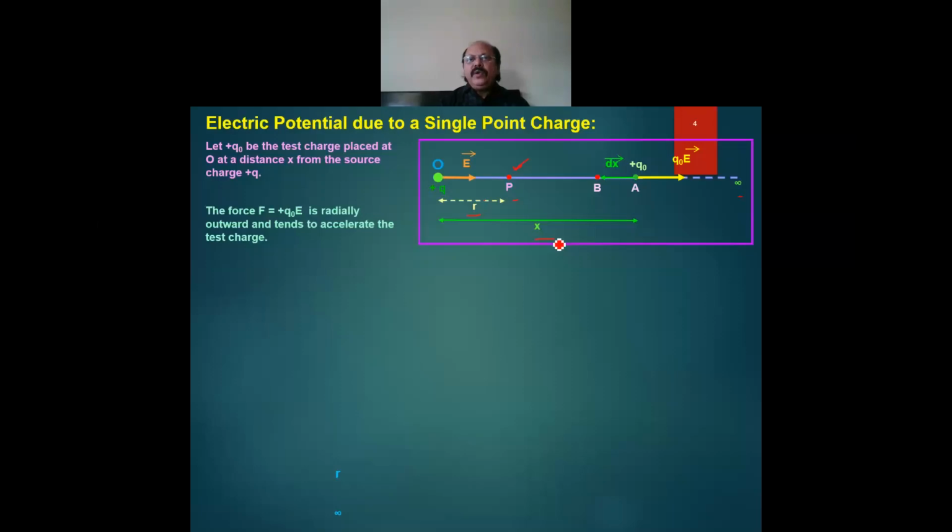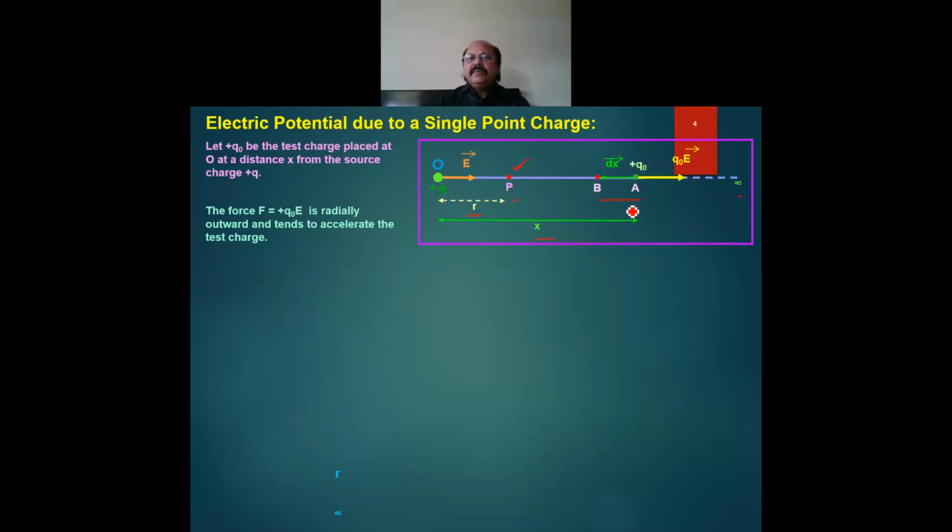So what we have to do, we have to find out first the work done for moving plus q naught charge from point A to point B. It means it is opposite to the direction of the electrostatic force due to this plus Q charge.